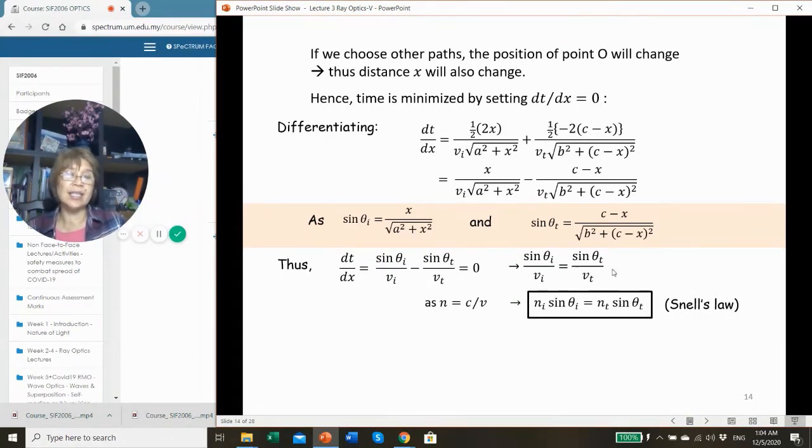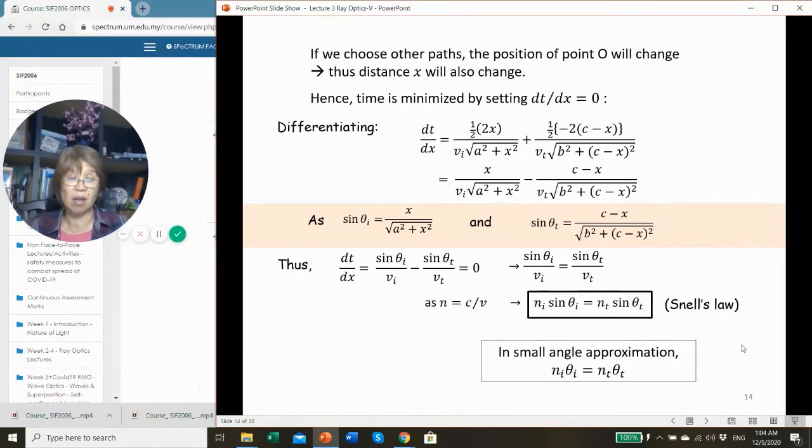So c cancels out, and you are left with ni sine theta i equals nt sine theta t. So that is Snell's law. Now in small angle approximation, we can approximate this to theta i, but the angle would be in radians, and this approximated to theta t.